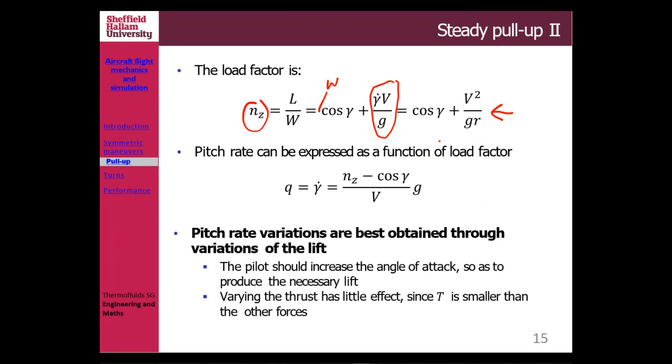Now, what actually tells you here, obviously, if you have a gamma increase, then cos gamma becomes less than 1, but your load factor will increase if your aircraft is pulling more speed, right? Or at the same time, if your R becomes smaller.